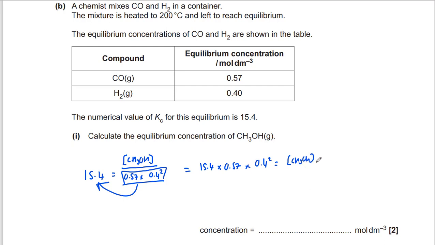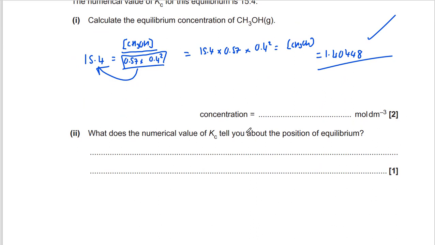Shove it in the calculator nice and quickly, and you get 1.40448. It does not tell you how many significant figures to use, so just put the whole answer on the answer line and you get it correct. Very, very straightforward. Right, moving on now.